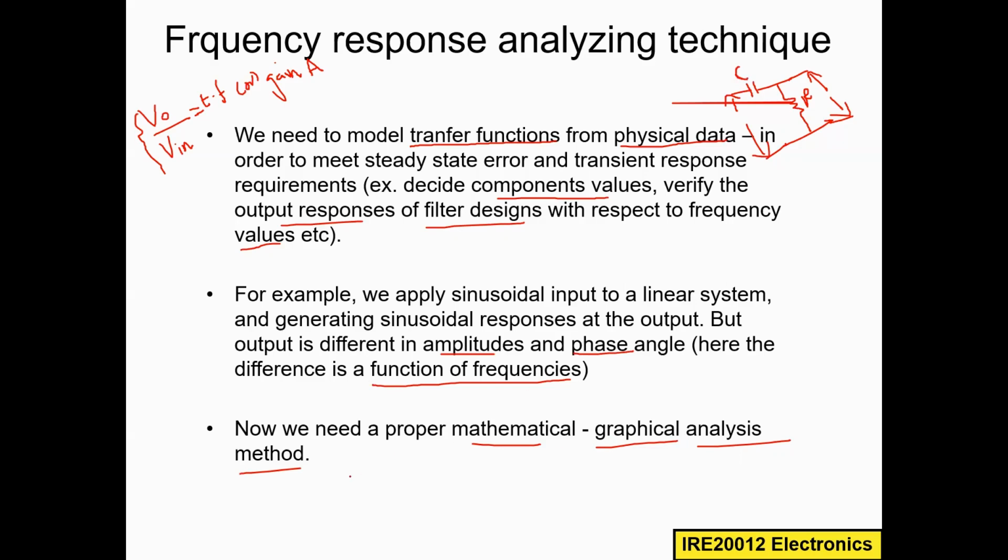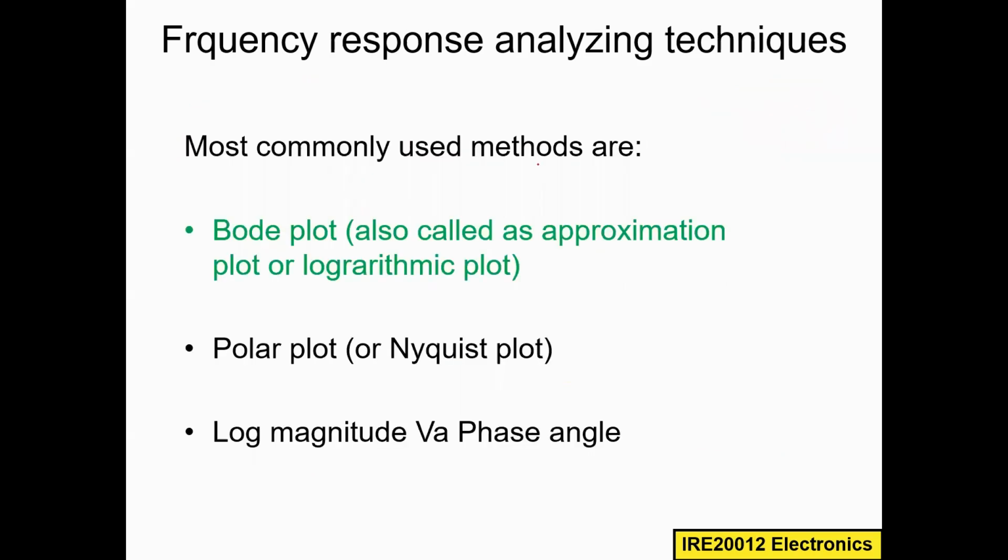So what kind of methods are we using in the electronic industry? Most commonly we use the Bode plot. The Bode plot also has different names such as approximation plot or logarithmic plot. The second one is the polar plot or Nyquist plot. This was introduced by this scientist.